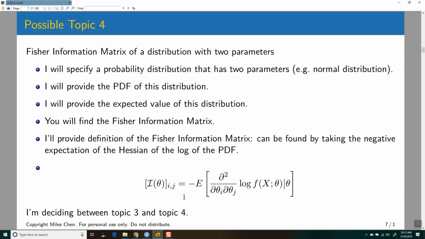Okay, now, I'll at least provide this equation here, just to jog your memory again, but you need to be comfortable with this, right? So we can find the Fisher information matrix by taking the negative expectation of the Hessian of the log of the PDF. So it's a lot of log PDF derivative stuff, okay?